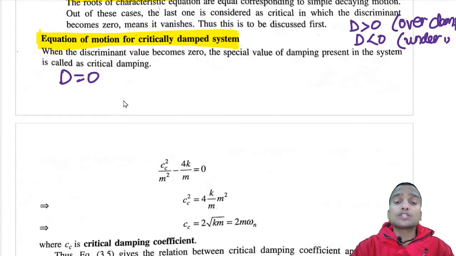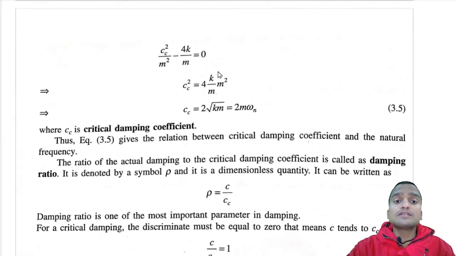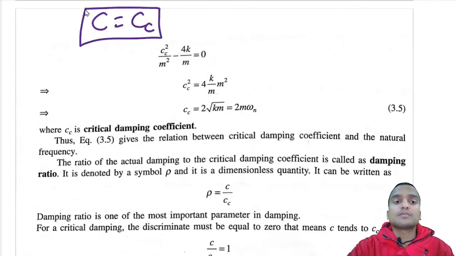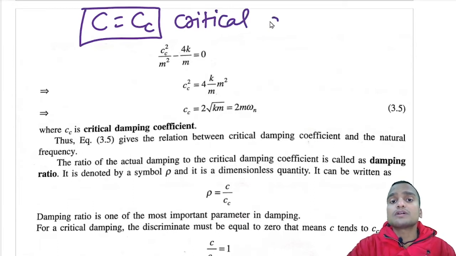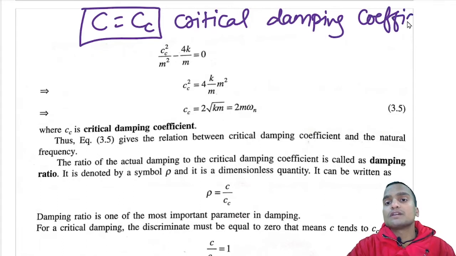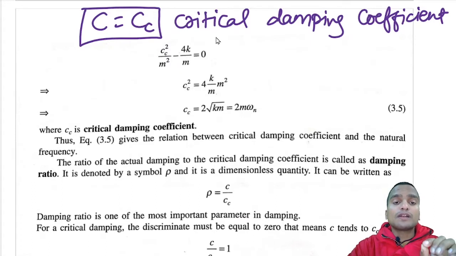So it is a situation in which there is critical damping, and in that case, in a critically damped system, the C value will be equal to Cc. Here the damping coefficient is represented as Cc, the critical damping coefficient. The damping coefficient is represented by letter C, and critical is coming as the subscript c.